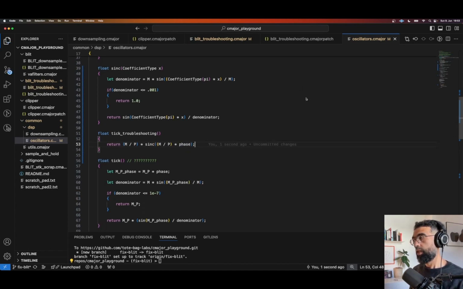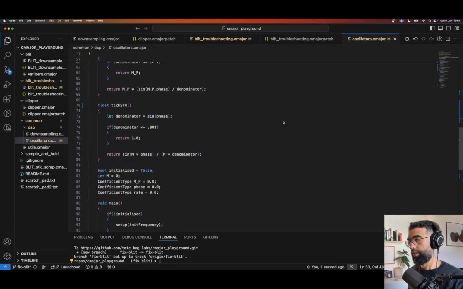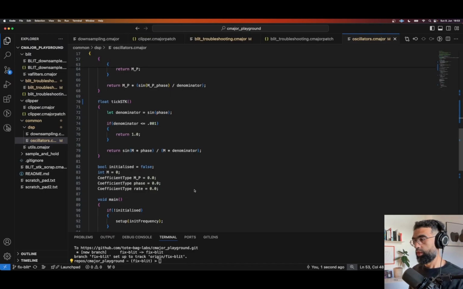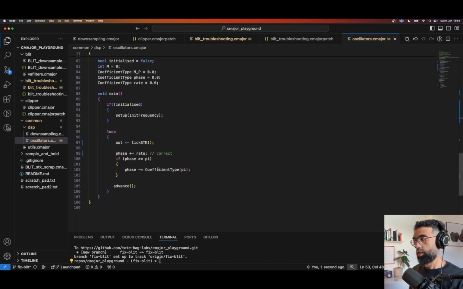Okay. There is one other thing we need to do. Now, if you'll notice, this works by going up to adding to the phase until it goes up to pi and then wrapping it.